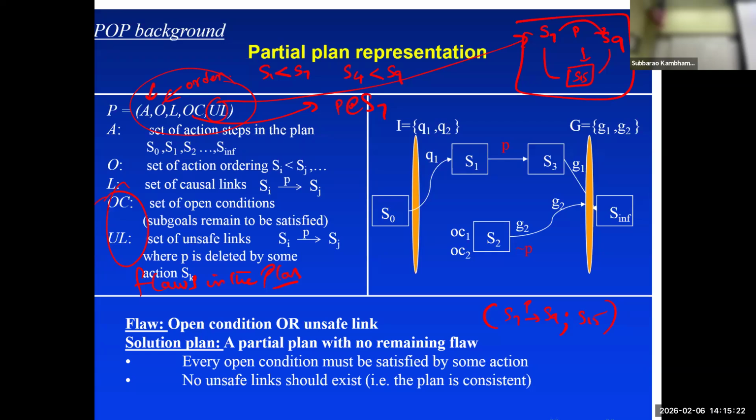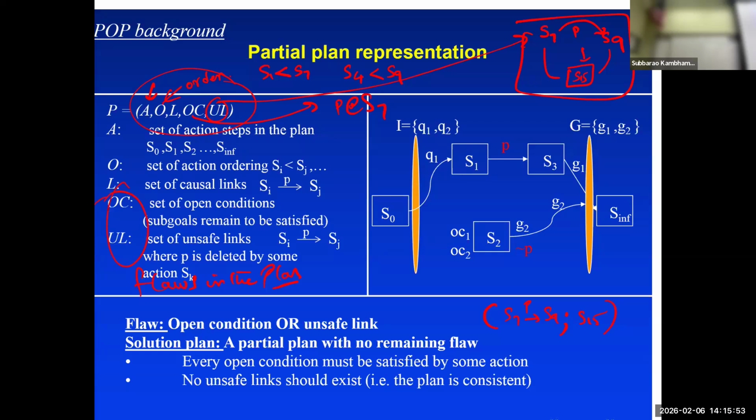So the idea would be, imagine you have S infinity, it needs E1, E2, E3, right? And imagine you have an action A1 which gives E1, an action A2 which gives E2, an action A3 which gives E3. And these actions don't have preconditions.